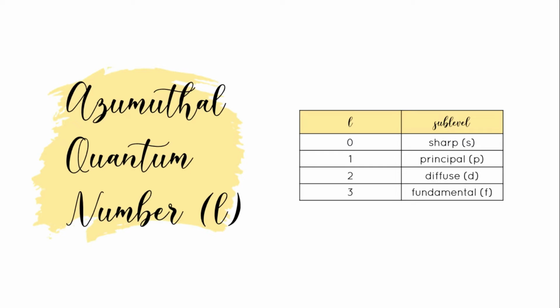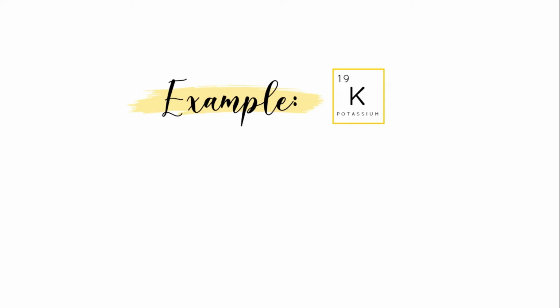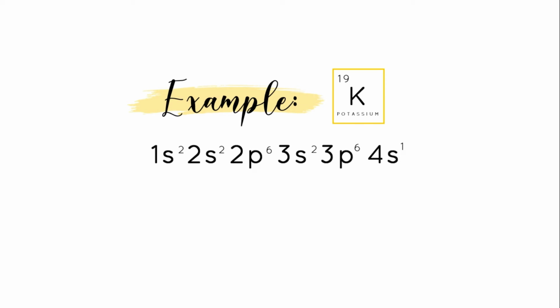So how are we going to determine our L, or azimuthal quantum number, using our electron configuration? Here, let's have again our example. We have potassium. Here is the electron configuration of potassium. So to determine our L, or azimuthal quantum number, you need to look for the subshell.